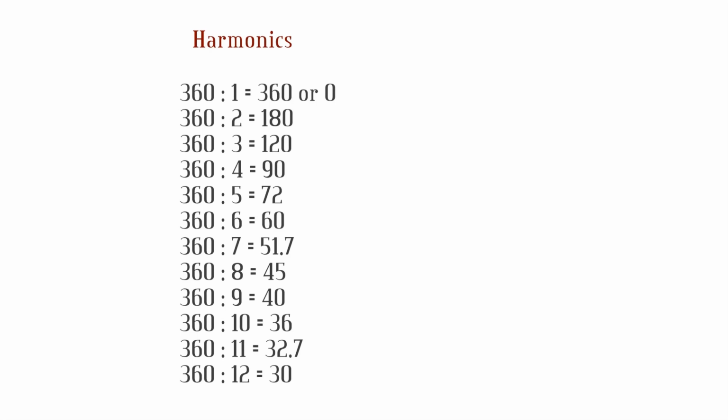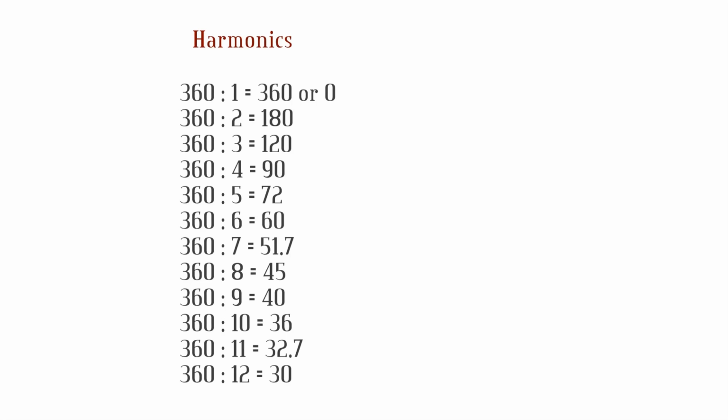There's a natural, it's like the scale of music. There's a natural harmony from one division to another. It creates a different tone, a different rhythm, and a different correlation between the different aspects.